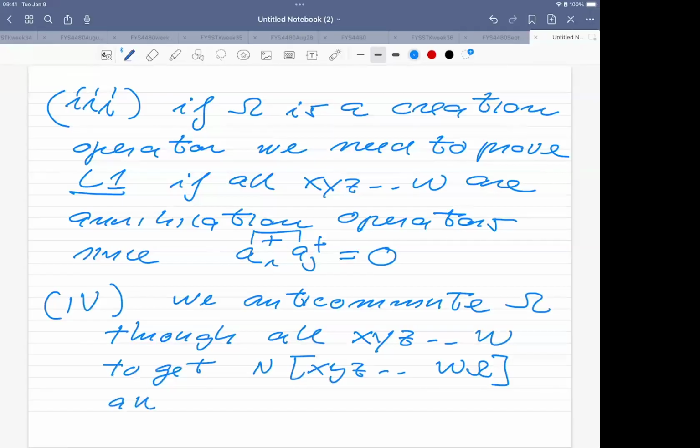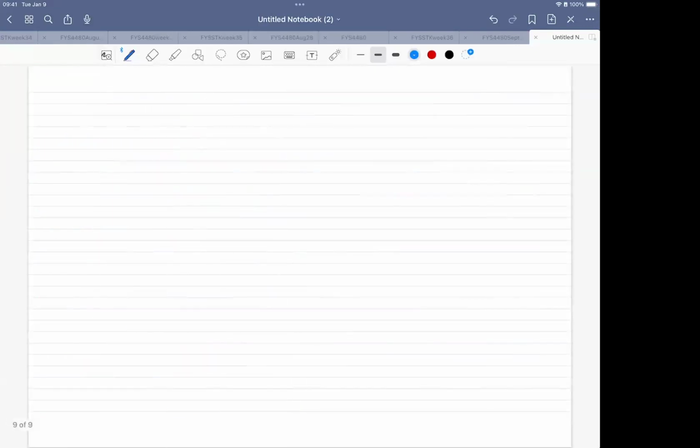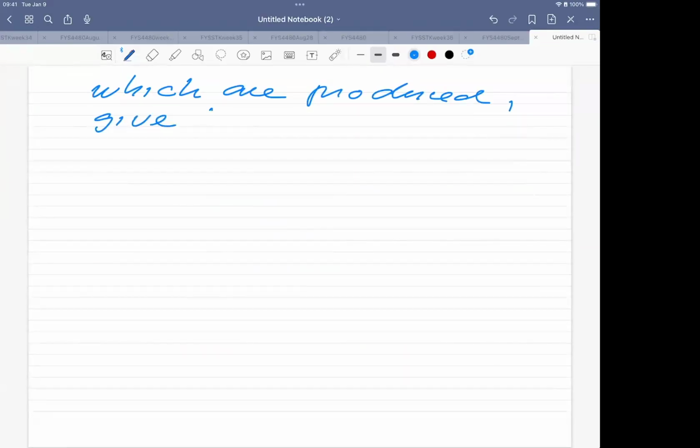So all the contractions which are produced, which are non-zero. So when I say which are produced, these are the non-zero ones, give the second term.